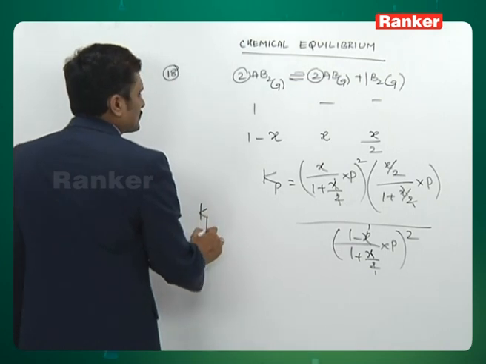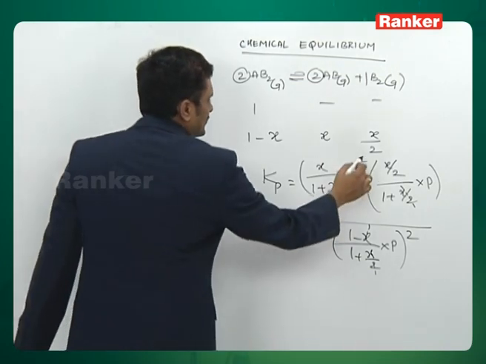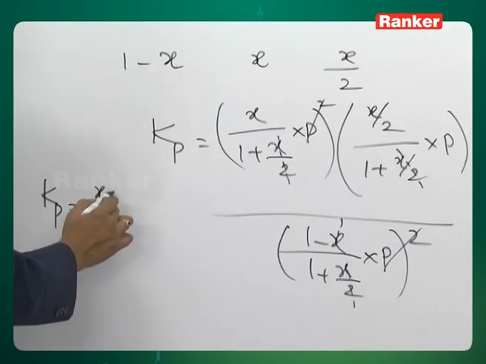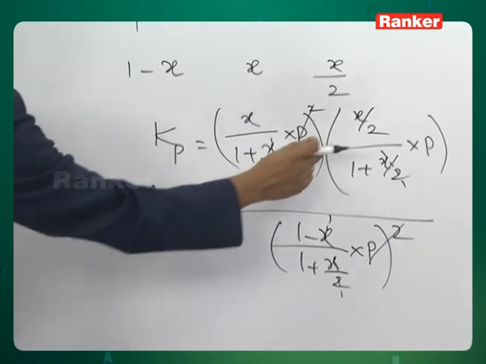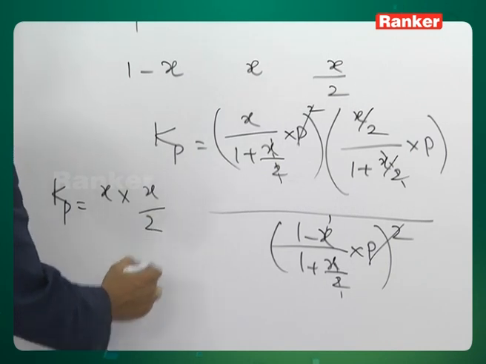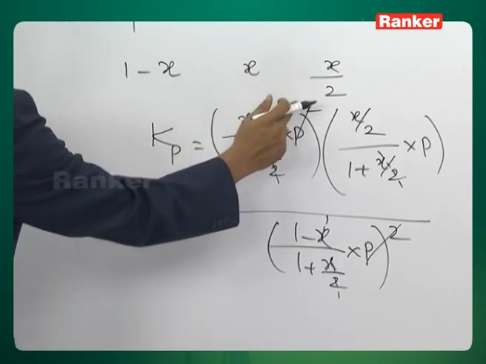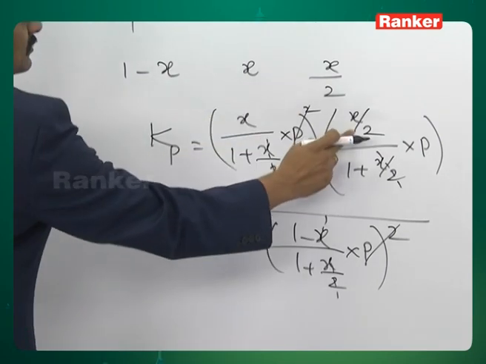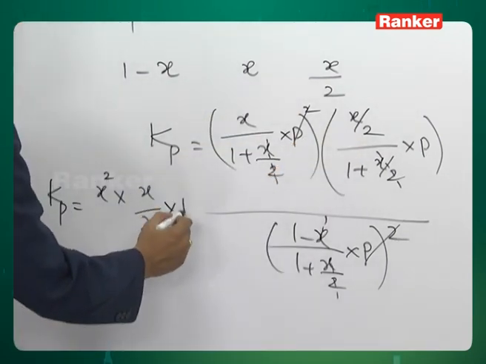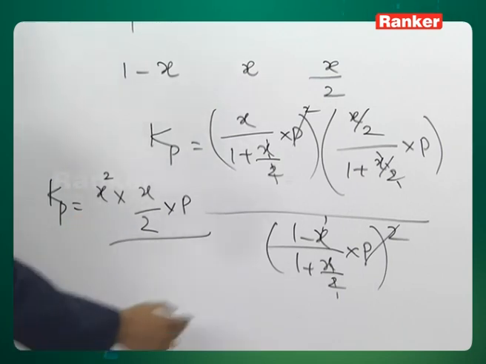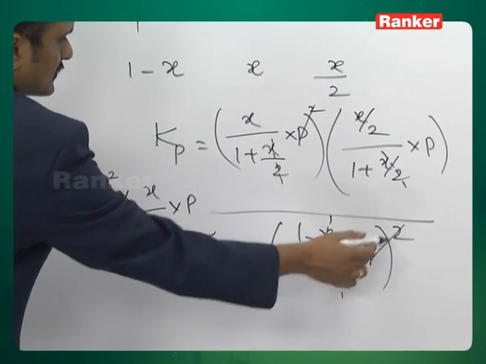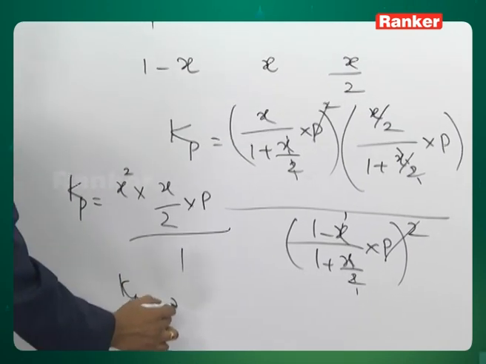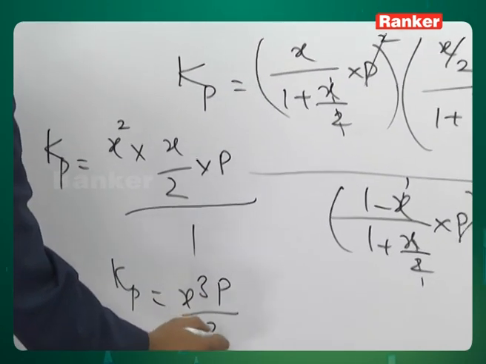I am getting Kp is equal to, here P square getting cancelled, Kp will be equal to x square into x by 2 into P, and the rest got cancelled and P square got cancelled for that. So therefore you are getting Kp as x cube P upon 2.